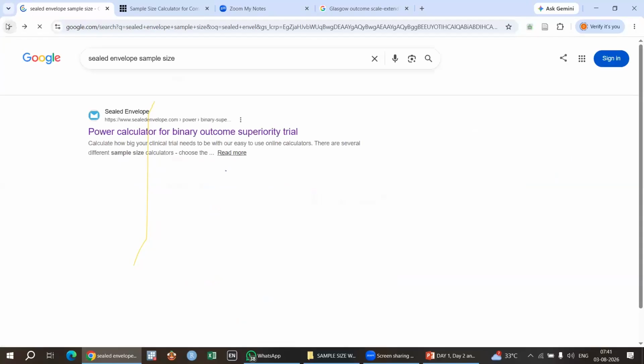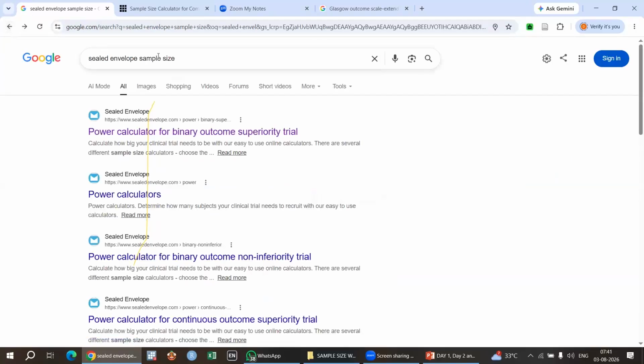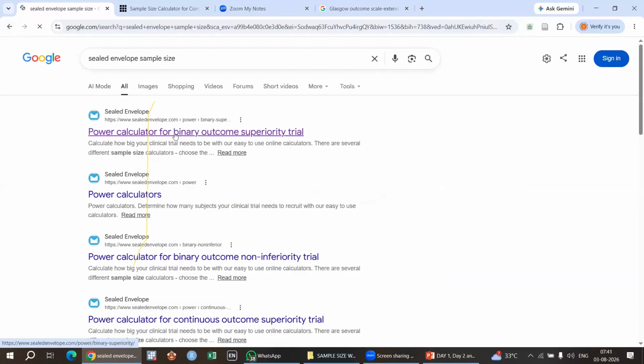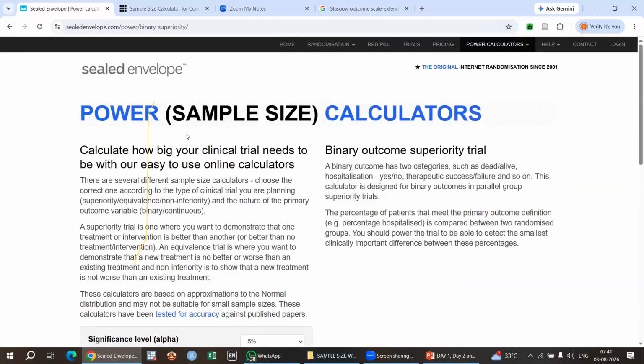When you write down Sealed Envelope sample size calculation and click enter, you will get this power calculator for binary outcomes. Click this, and then you will get the power calculator.